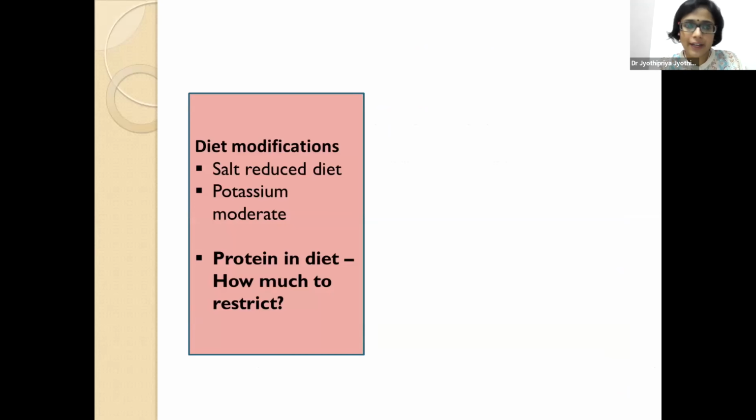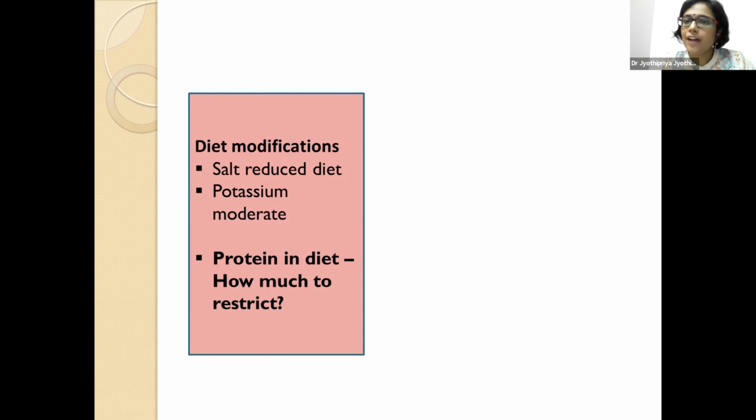So we advised dietary modification. The patient has to be put on a moderate potassium diet because our aim is to control the proteinuria and we want to give the maximum tolerated dose of RAS inhibition. So a moderate potassium diet will be beneficial. And for protein in diet, as already told, guidelines recommend a target of 0.8 gram per kg per day in case of proteinuria.